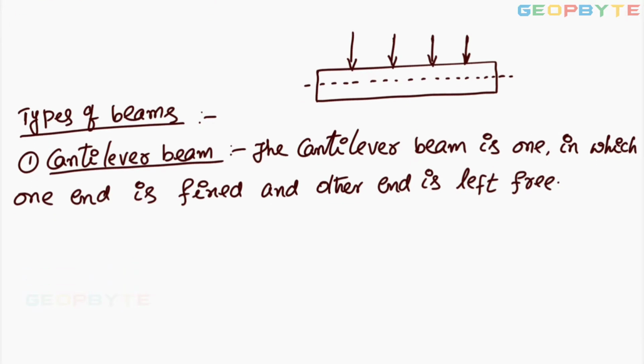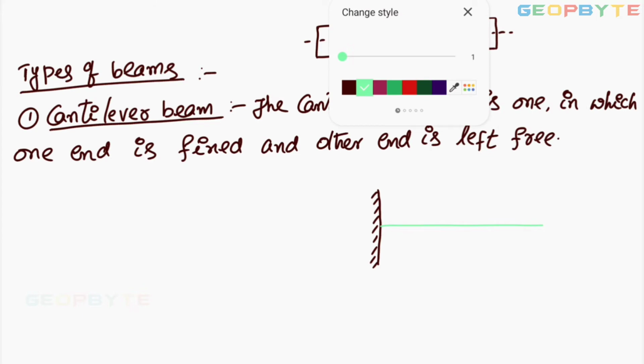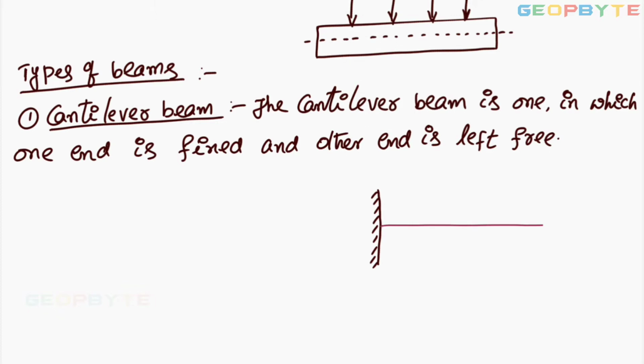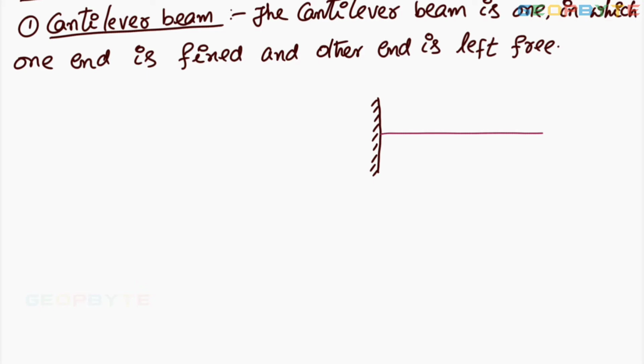It is like this. This may be the fixture and this is the beam. This is how the cantilever beam is fixed. One end is fixed and the other end is left free. That is the cantilever beam.